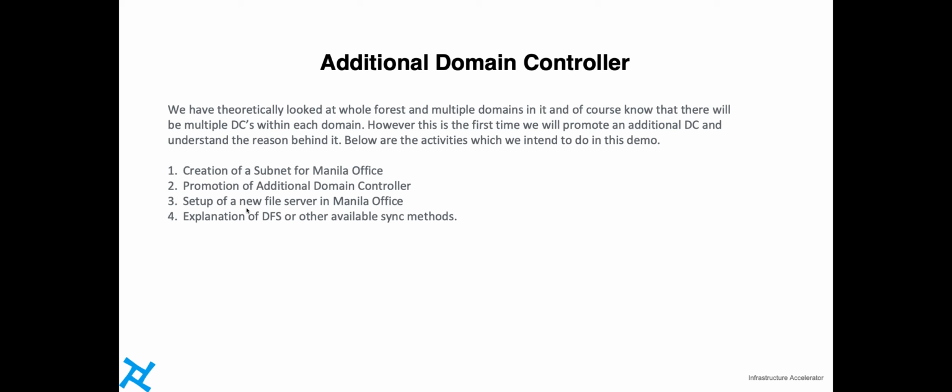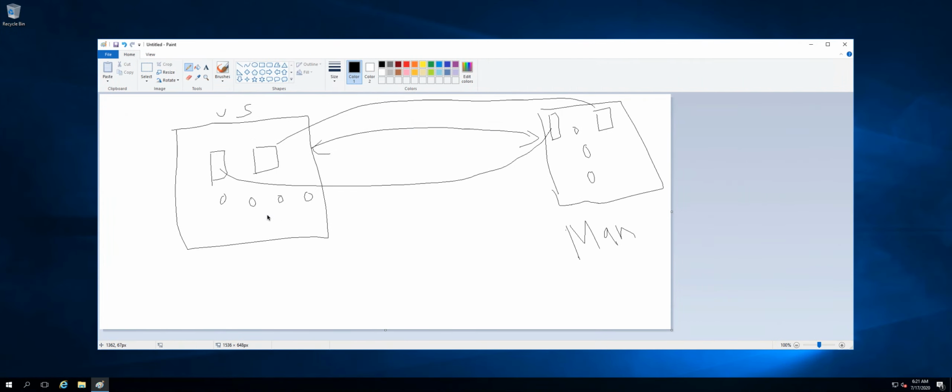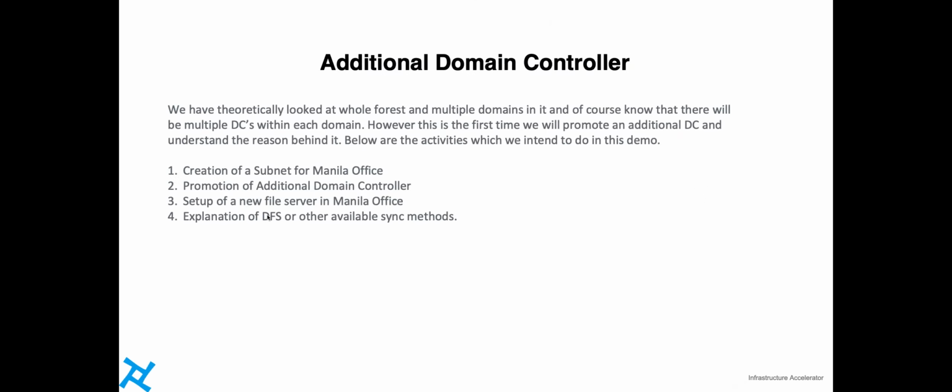I even showed you the event viewer in the domain controller, where I showed you the directory file replication system and all the events which were showing up there. So that is the same system which we can use to replicate the file servers as well, which is being used to replicate the sysvol. So, all right, let's get started.